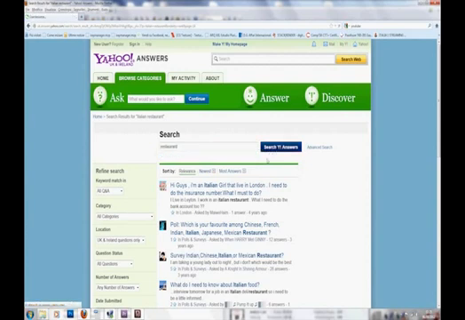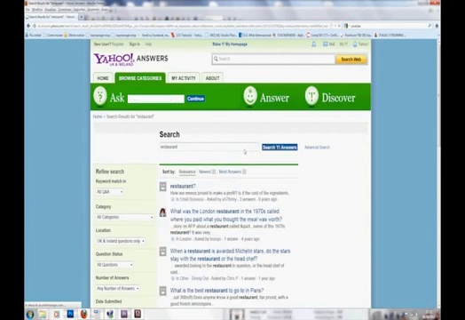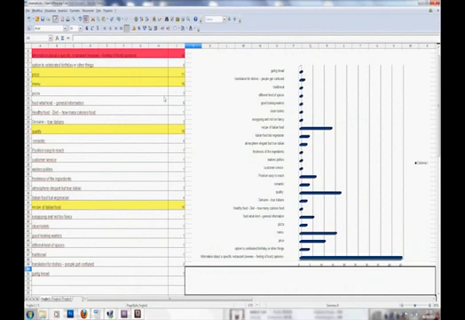So we should repeat the same analysis for the word restaurant, and do the same statistics more generally. I won't do that because it takes a lot of time, but if you want to be really accurate, you can look at what people are looking for in a restaurant in general, because these elements are more specific to an Italian restaurant.